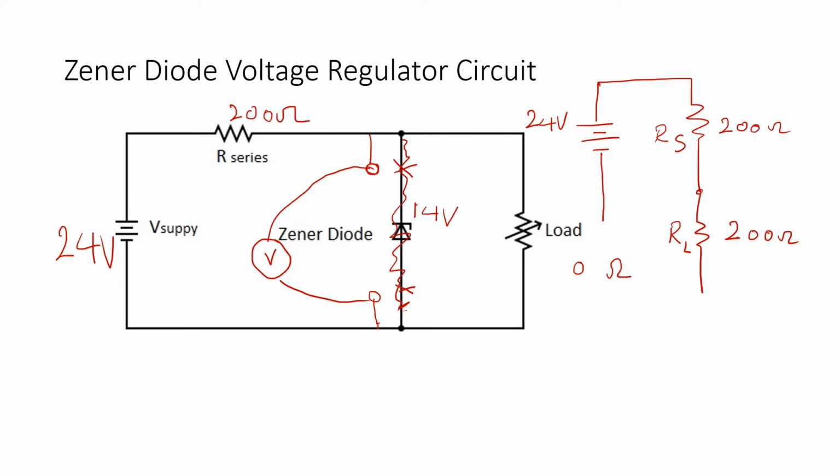Just going to clear the path here. So let's put this back here, 200 ohms. All right. So I will come back here, back to the load. So here, across here, is where the Zener diode would have been.